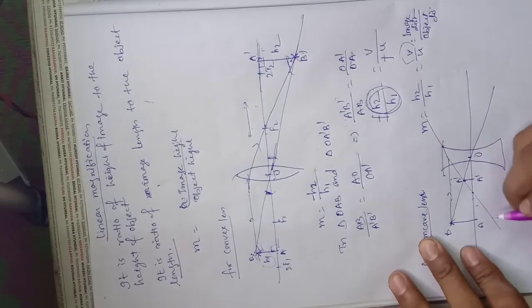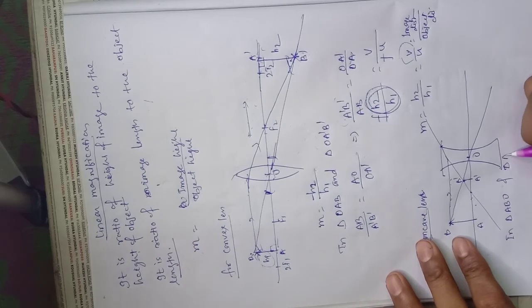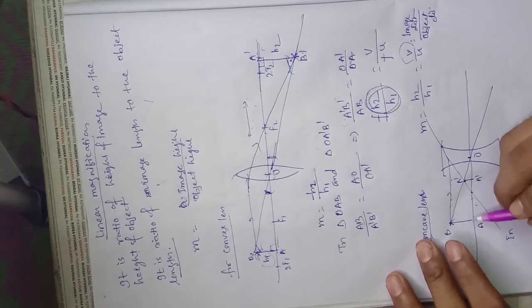Now consider triangle ABO and triangle A dash B dash O. These triangles are also similar.